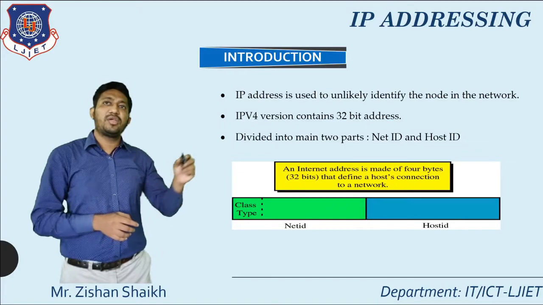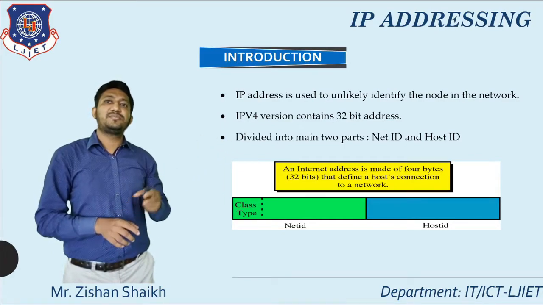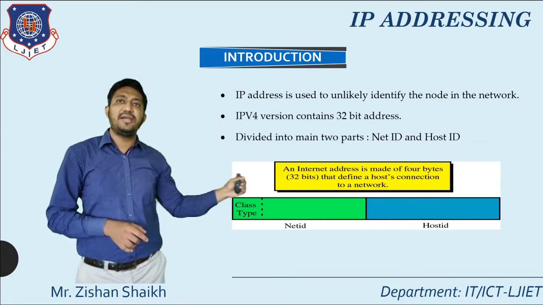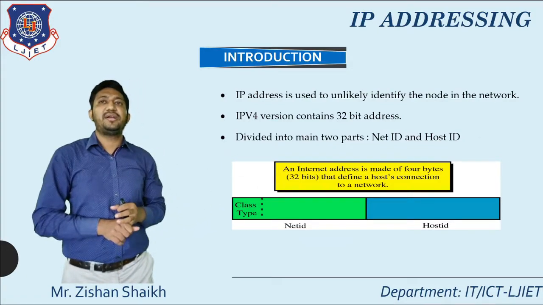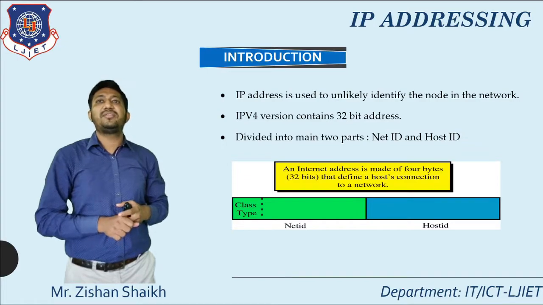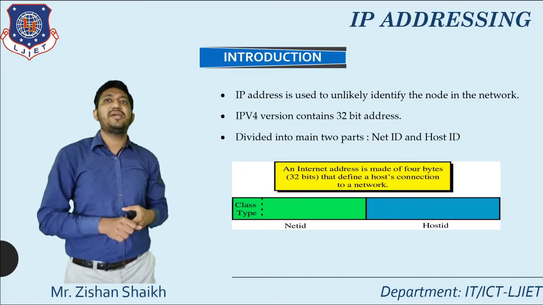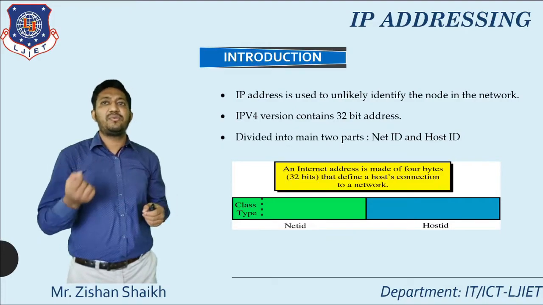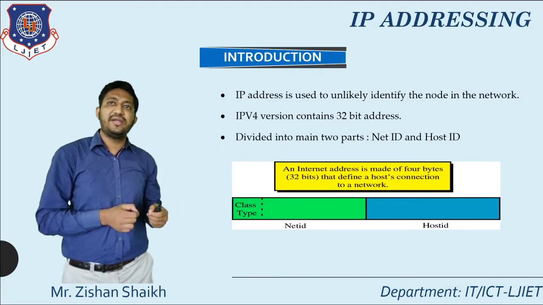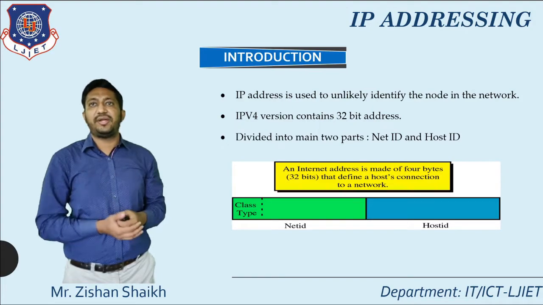The IP contains basically two parts: one part is the network ID and the second is the host ID. The host ID will identify the particular device, whereas the network ID will identify the particular network from where all the requests are coming inside and going outside.